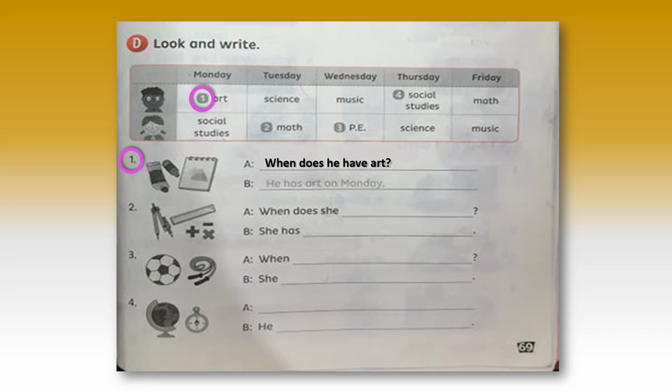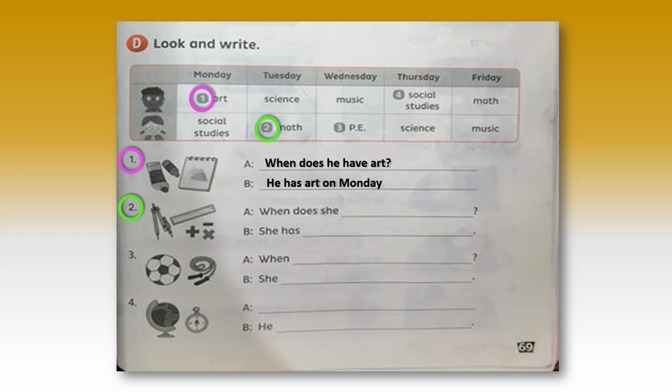No. We do not have to change have to has, because we already changed do to does. This tells us that we are using he or she. Okay? And what's the answer? He has art on Monday.